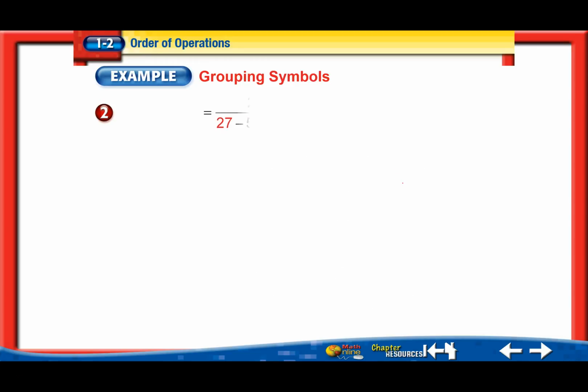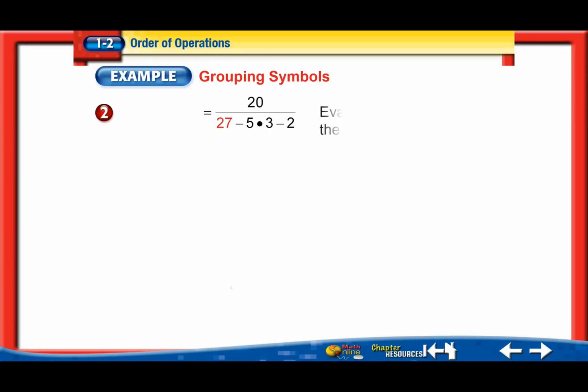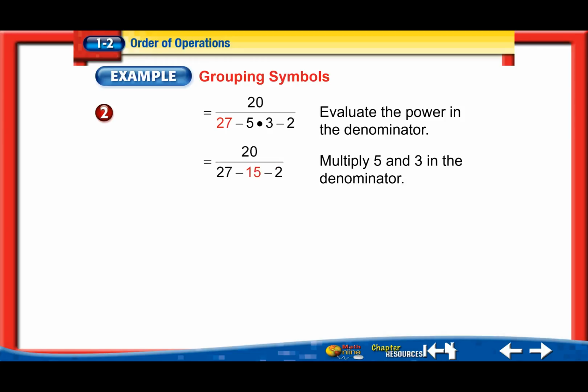So from there, now we're going to go to the denominator. First, we're going to evaluate that power because this was 3 cubed. So 3 cubed goes to 27. Now we're going to multiply in the middle, 5 and 3. From there, feels like we skipped something. So then we'll do 27 minus 15 minus 2, which comes out to 10.